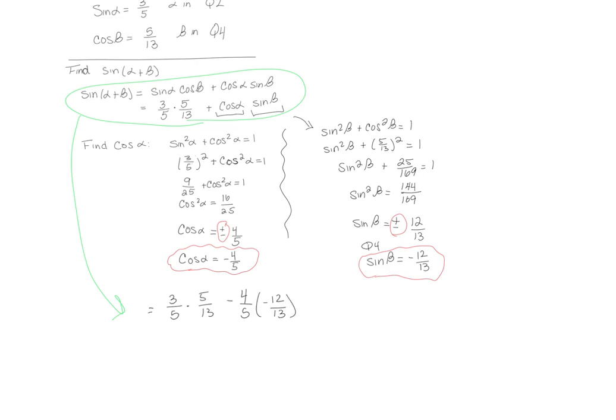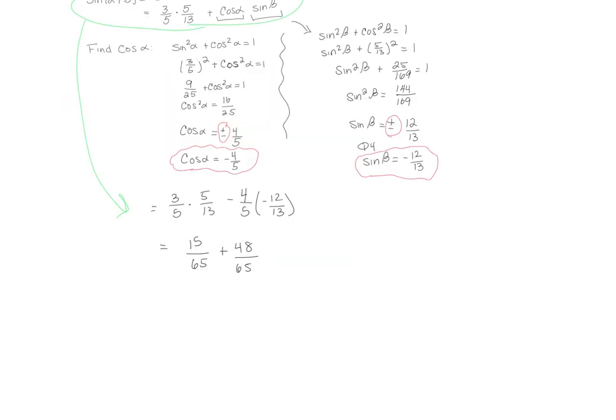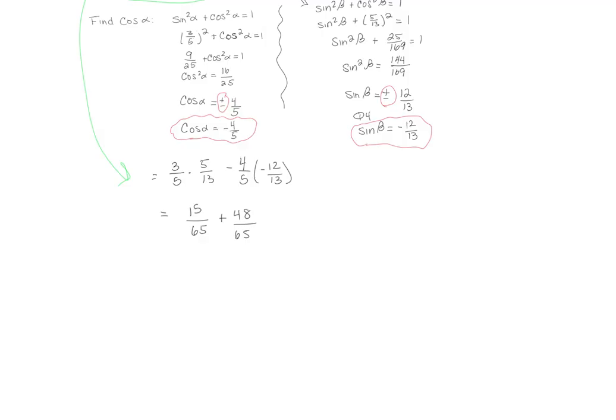Let's take a second to clean that up and simplify. So we have 15/65 plus 48/65. So we have 63/65. So this is what sine of alpha plus beta equals.